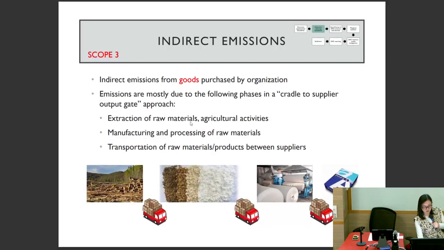In order to manufacture the A4 paper, you have to extract the raw materials, maybe some plants or timber, then manufacture and process the raw material, and transport the raw materials between the suppliers and then to the distributors. All these emissions will be counted. If your organization has used this A4 paper, then all these emissions should be counted in scope 3.